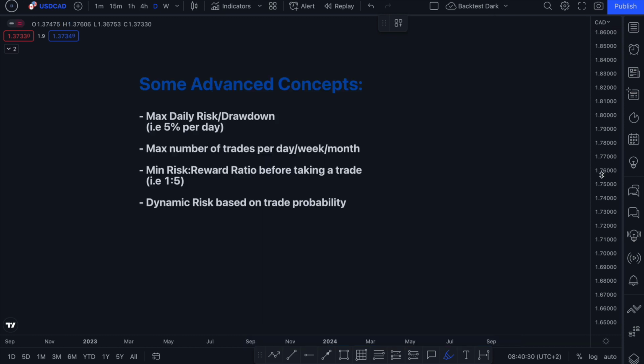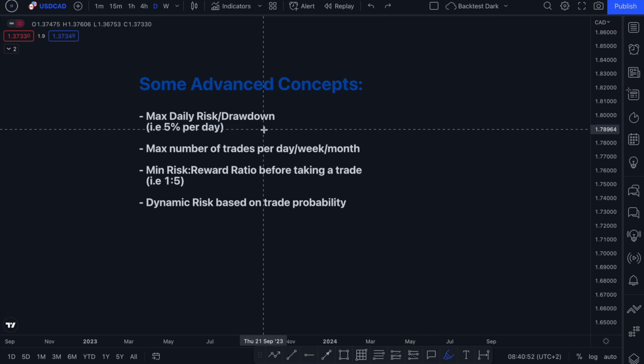Now, there are a couple of advanced concepts that you can apply to your risk management strategy. Okay. One of them is having a maximum daily risk or a maximum daily drawdown. If you have taken a funding challenge before, you'd be very familiar with this particular concept.